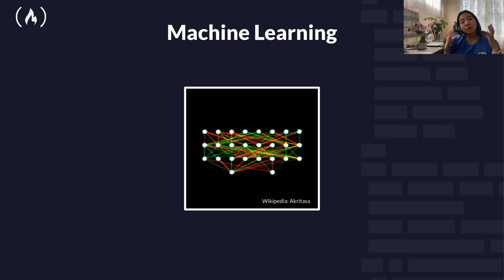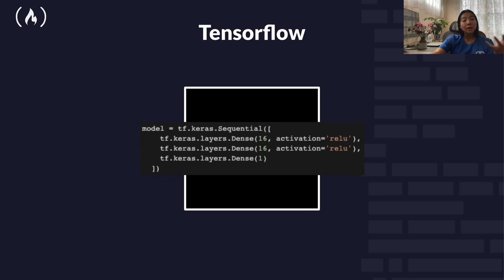Wouldn't it be great if there are just some full-time professionals that are dedicated to solving this problem, and they could literally just give us their code that's already running really fast? Well, the answer is yes, that exists. And that's why we use TensorFlow.